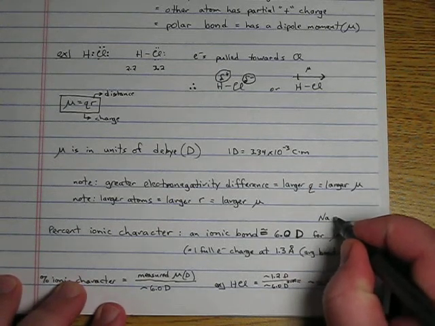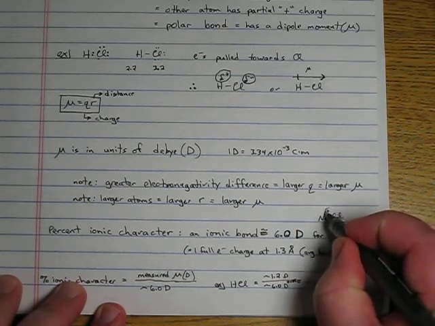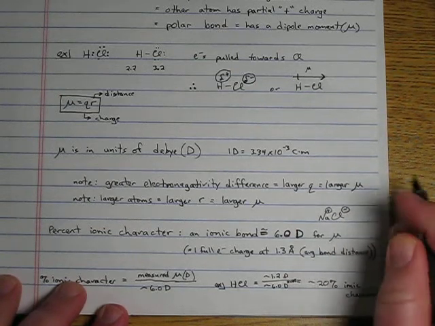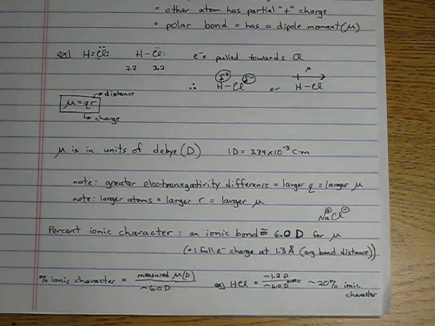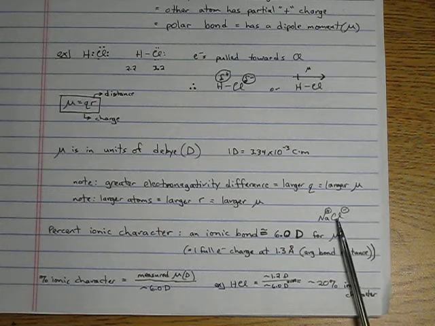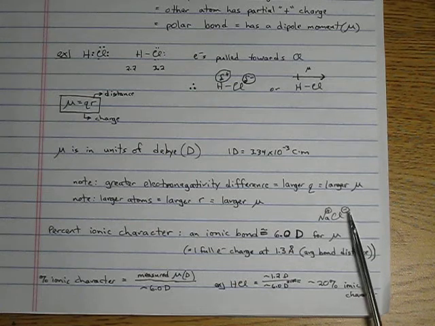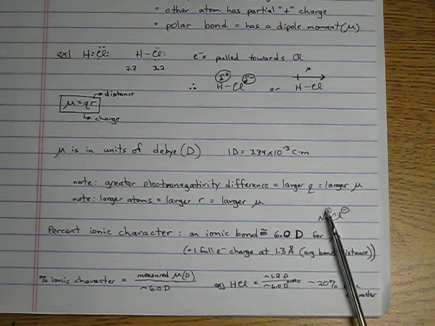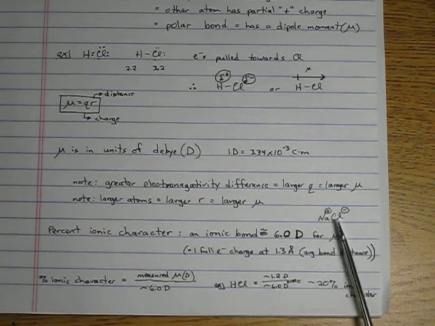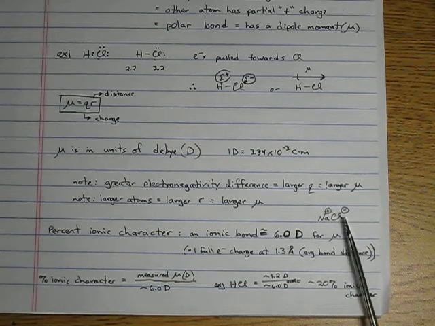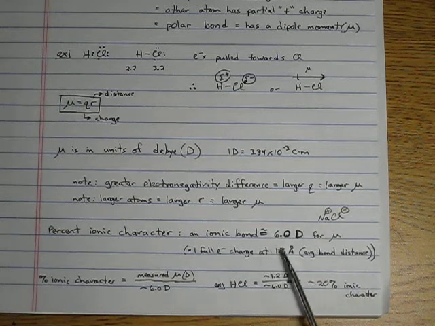Recall NaCl is a sodium cation plus a chloride anion. This is like the extreme of polar bonds. The chlorine actually took sodium's electron, so the chloride has all the electrons on it, giving it the full negative charge. The sodium has a full positive charge. This interaction of a sodium cation and chloride anion has a dipole moment of roughly 6 debye. So an ionic bond has a dipole moment of roughly 6 debye.